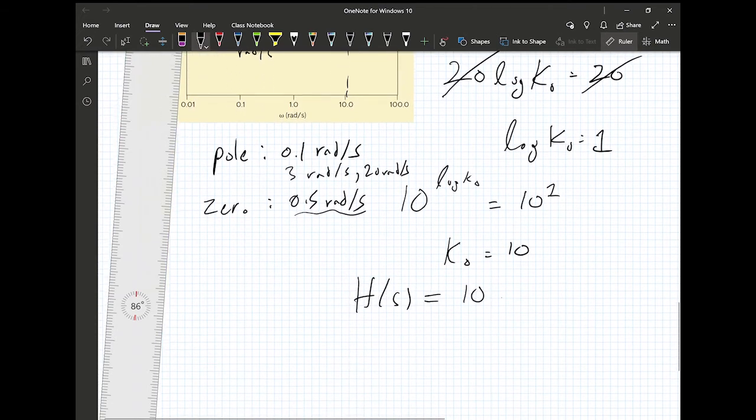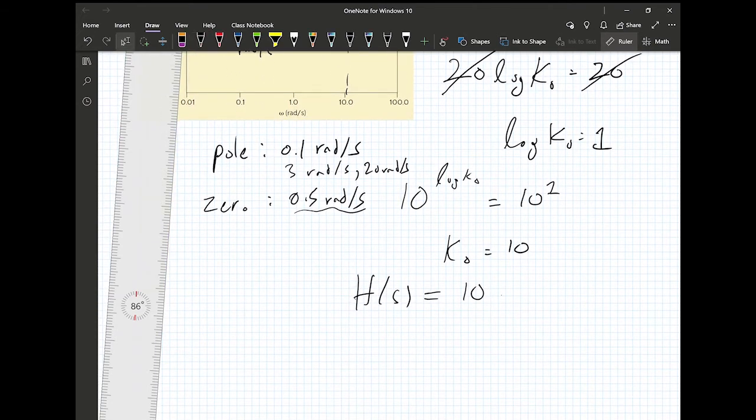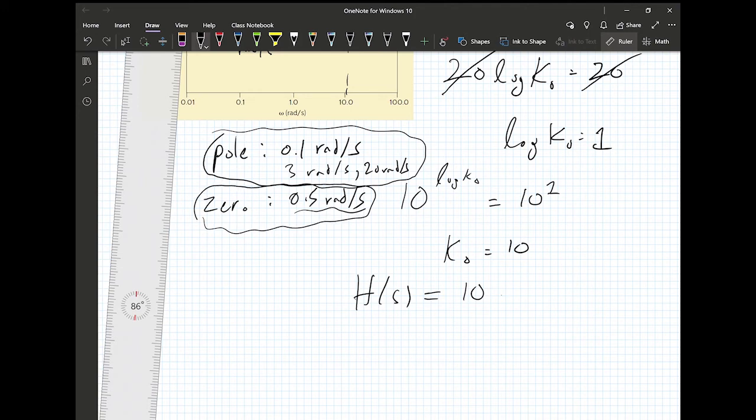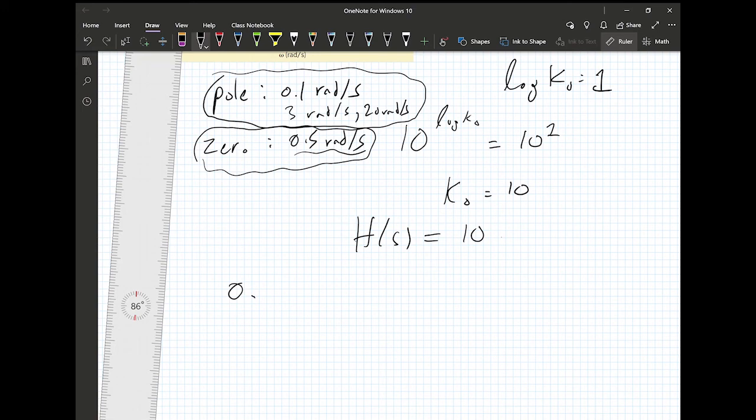So now we've determined all the poles and zeros of this system. We have 3 poles and 1 zero, and that's all the information we need, right? So 0.1 rad per second, that's the pole, that's the omega, right?